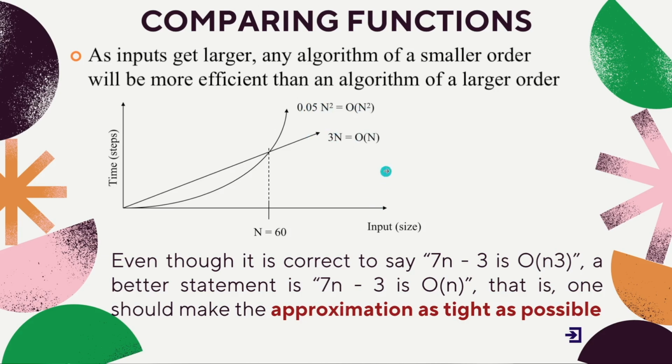coefficients. So, if someone asks you to make a comparison of which of these 2 algorithms is good, then you would blindly say that the algorithm whose complexity is order of n is the best.